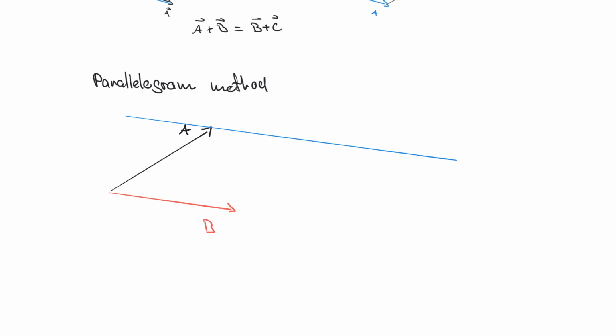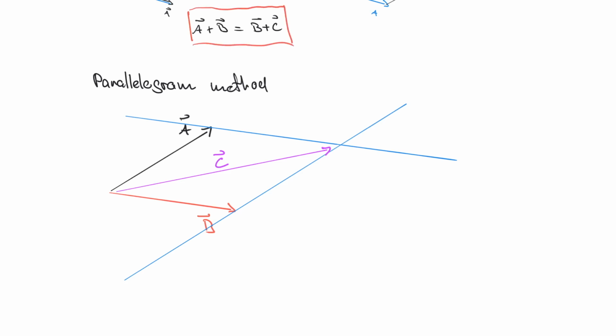So I would have this B parallel, and then I'm going to move A parallel. And where those meet, or the diagonal along the parallelogram, is really my resultant force. So I have a resultant force here, or any resultant really. I'm going to call that C, A vector plus B vector. And once again, this rule up here applies, because it doesn't matter in which direction you do that. So please keep that in mind. A plus B is equal to B plus A.